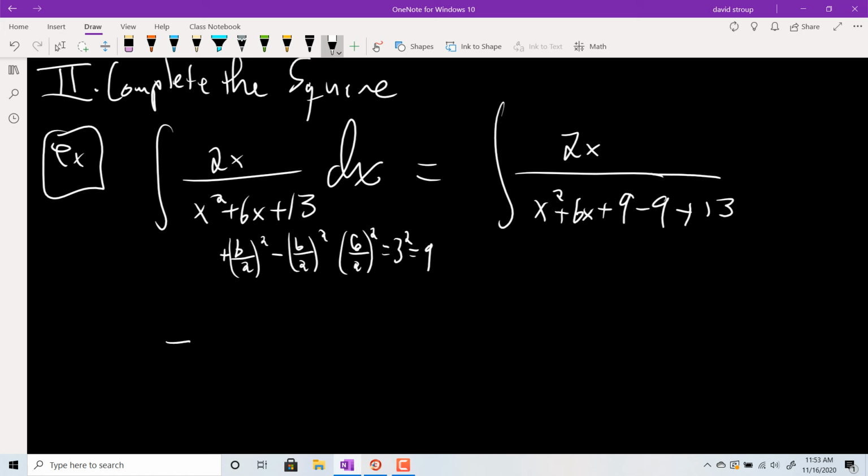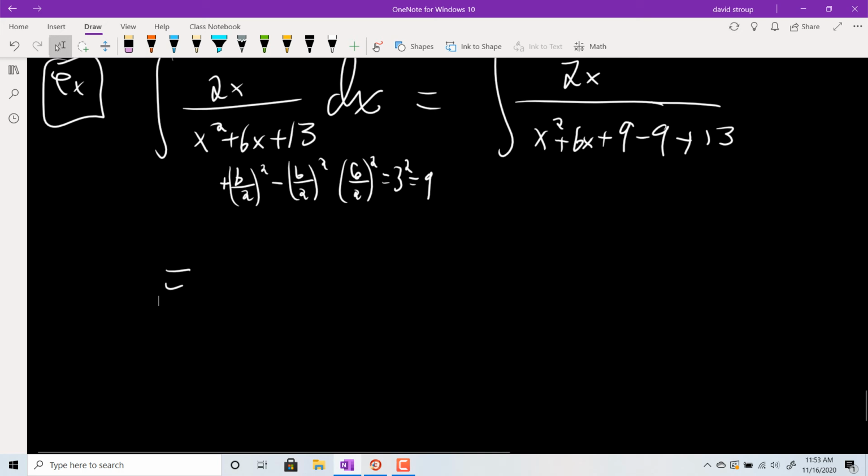And then it takes on the form of 2x all over x plus 3 squared, then negative 9 plus 13 is plus 4.